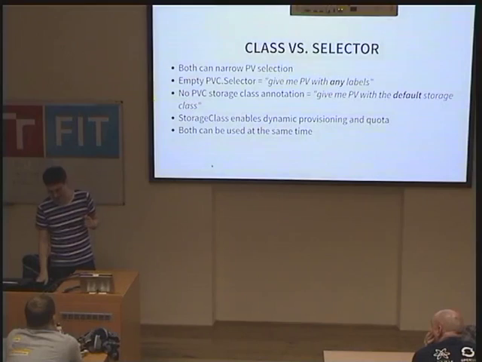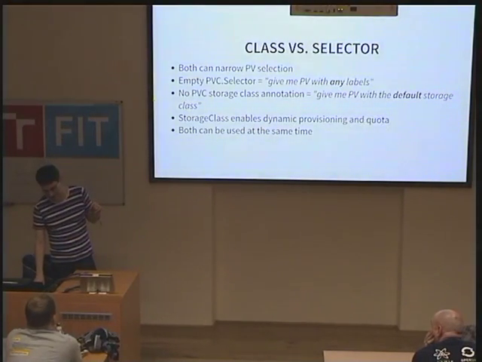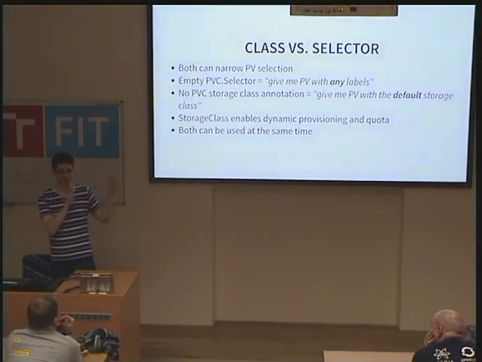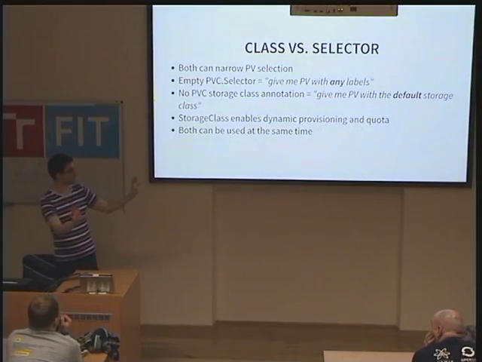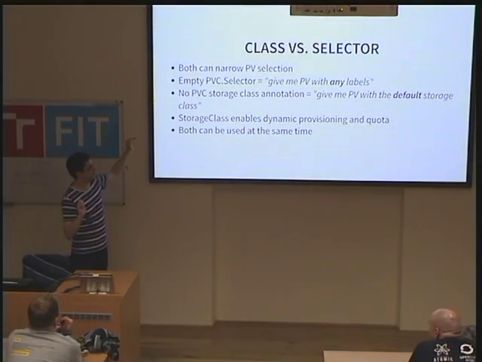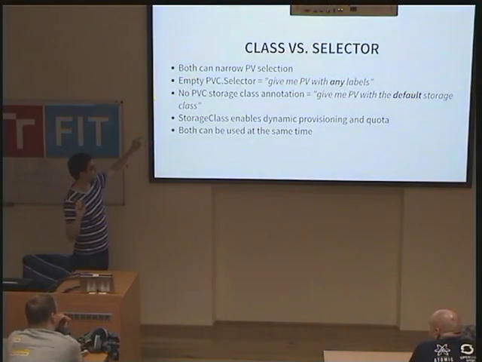If you don't say anything in the claim, if you omit the selector, then you say, I want a persistent volume with any labels. Give me something. I don't care what it is. On the other hand, if you have a claim with no class requirements, then the user says, give me the default storage class. That's the difference.